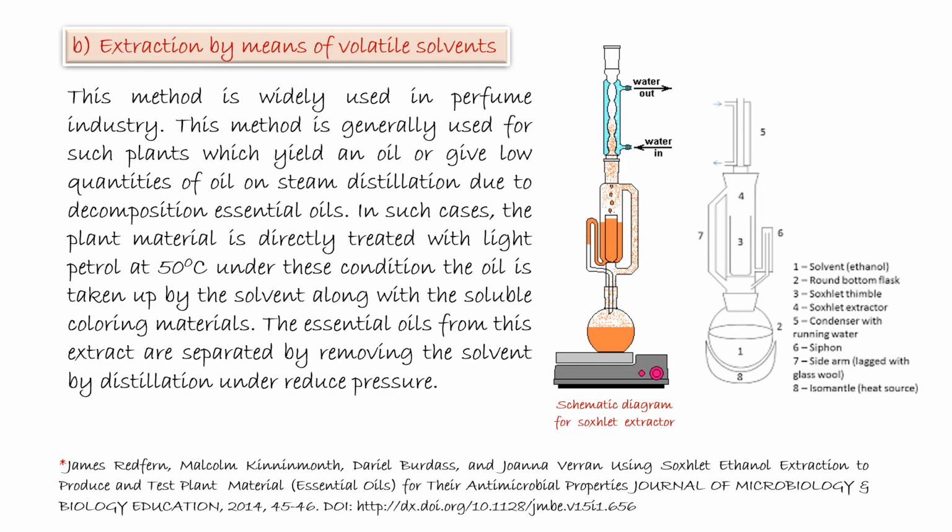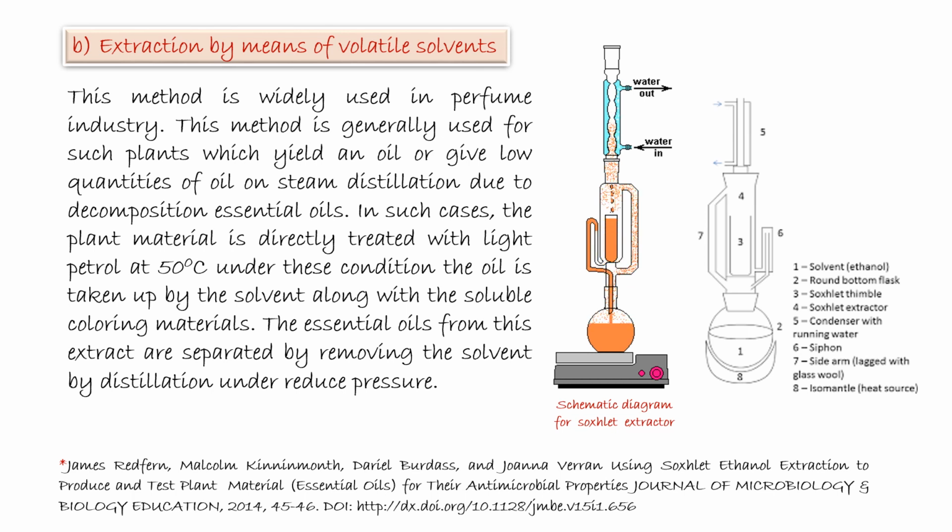Second method, extraction by means of volatile solvents. This method is widely used in the perfume industry and generally used for such plants which yield no oil or give low quantities of oil on steam distillation due to decomposition of essential oils.